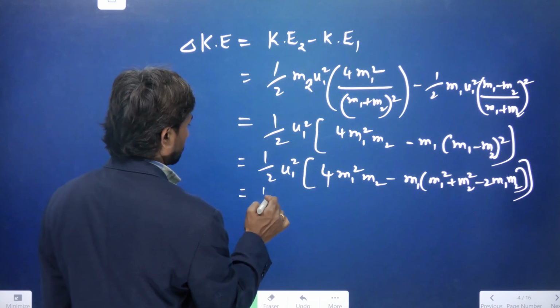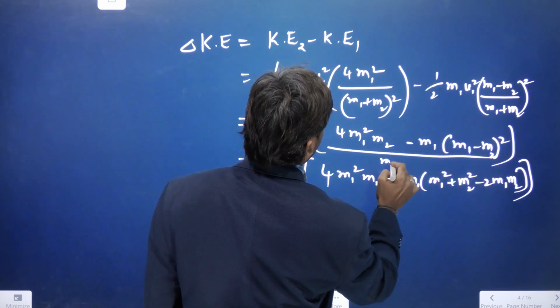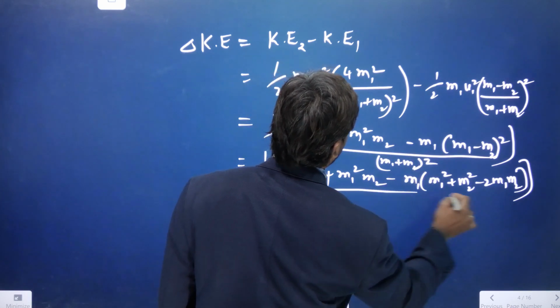So now divided by m1 plus m2 whole square will remain here also.